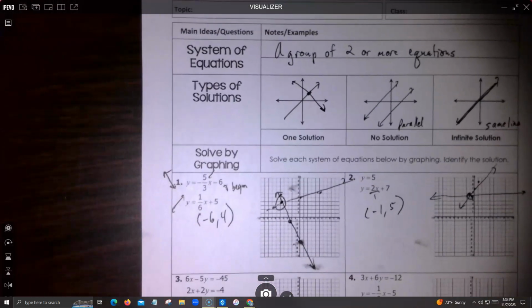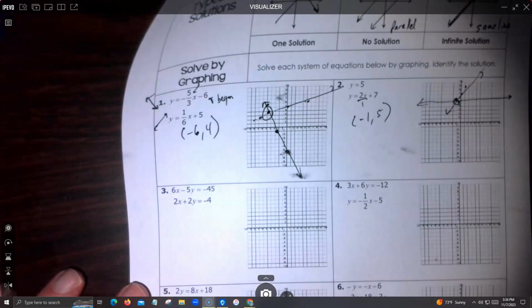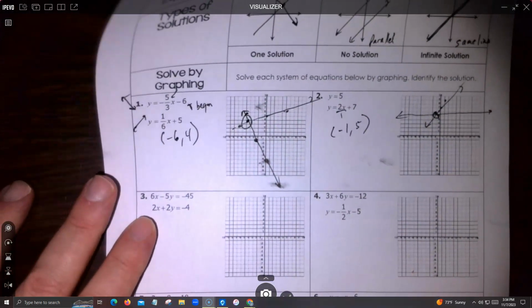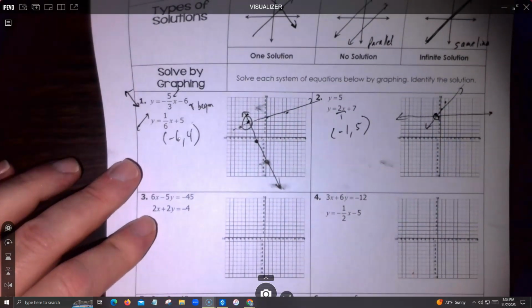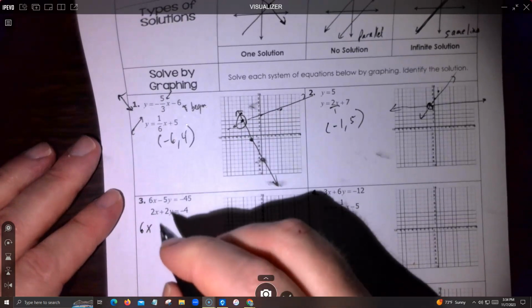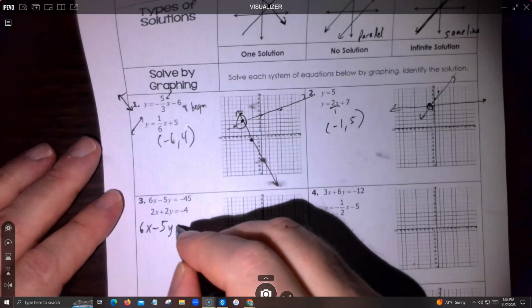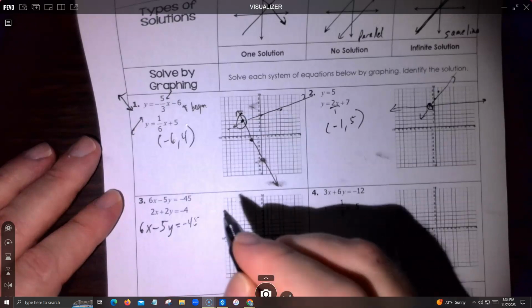On our next equation, we have to put it into y equals mx plus b form, so that's going to take a little bit of work. So let's do this one. 6x minus 5y equals -45.